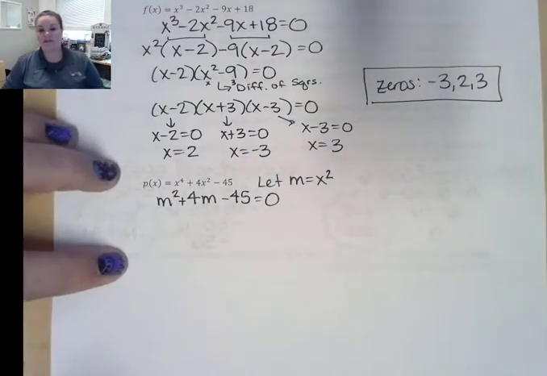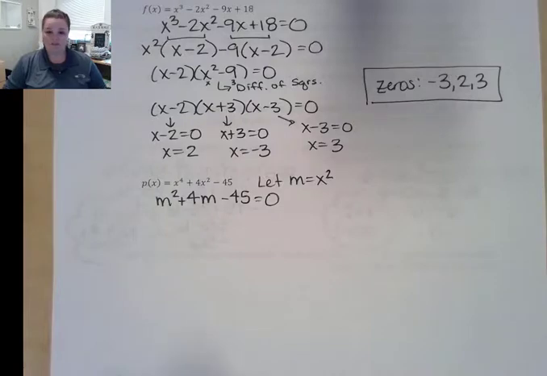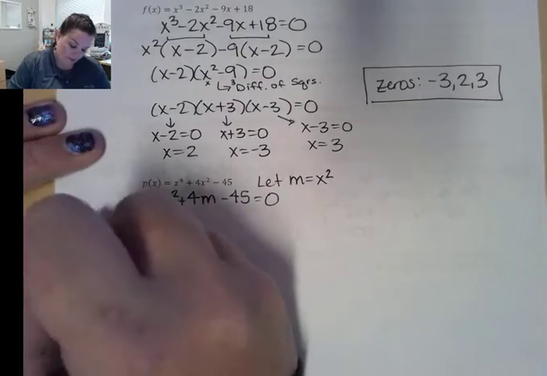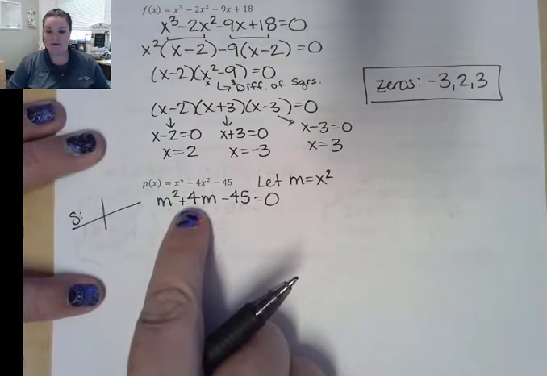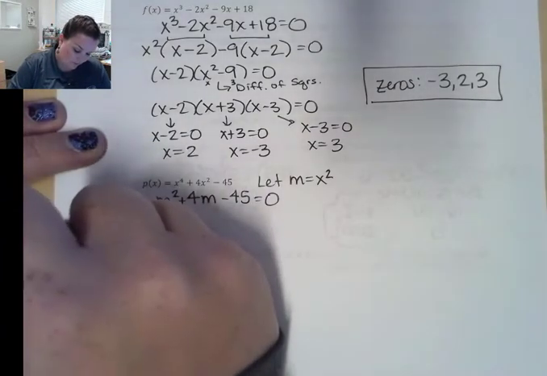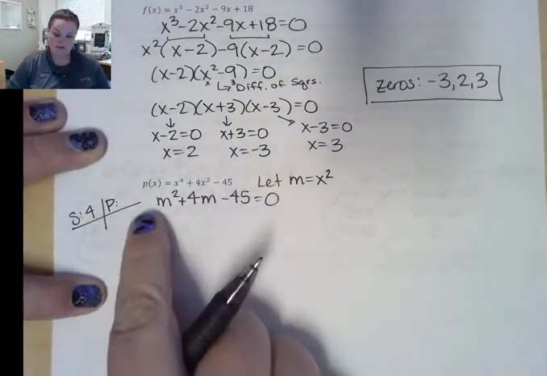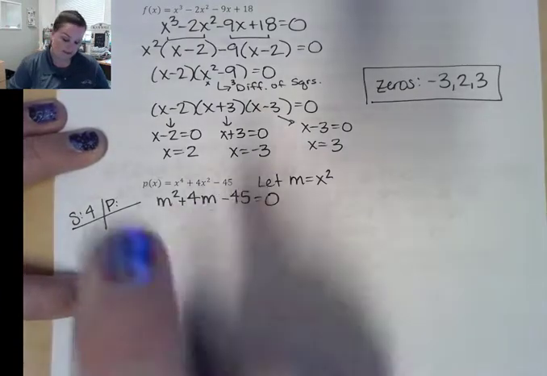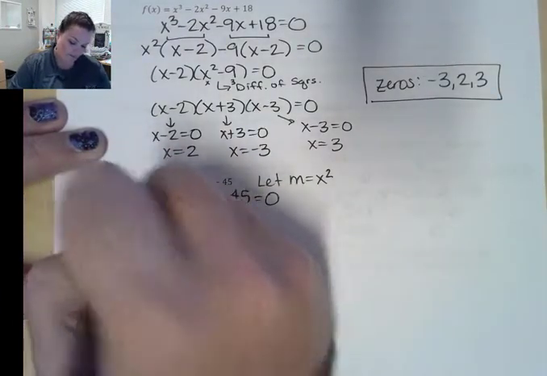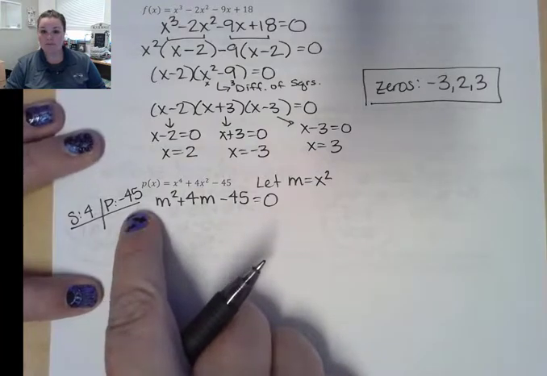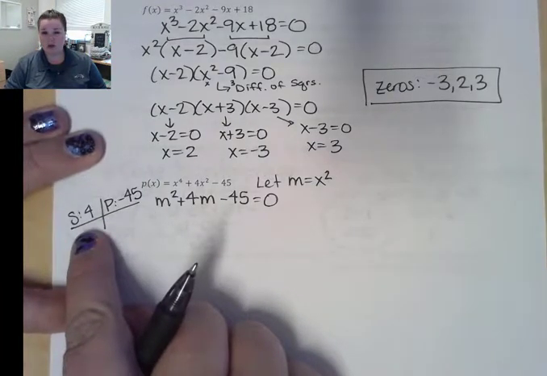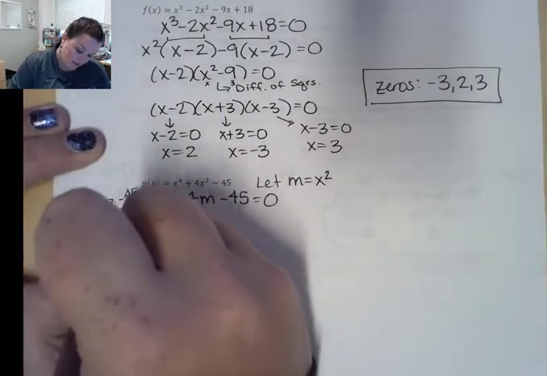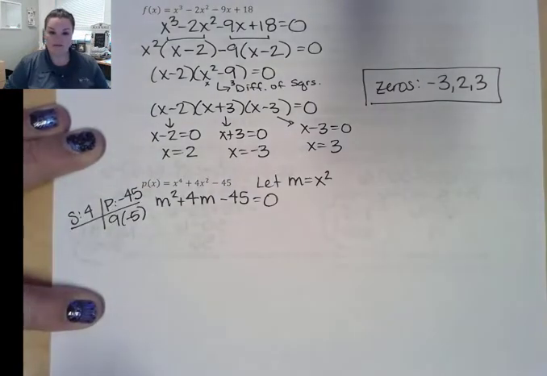And now this looks like something that I can use my sum product chart for, right? So if I do my sum product chart, my sum is going to be my middle coefficient, which is a 4. My product is going to be my first coefficient times my last, so -45. So I need something that multiplies to -45 that I can combine to get 4, which would be a +9 and a -5.